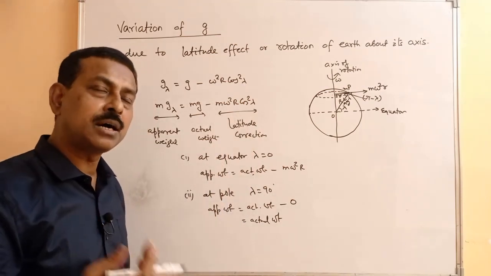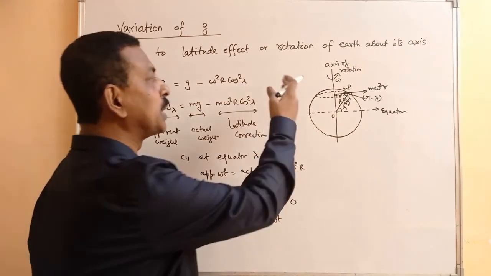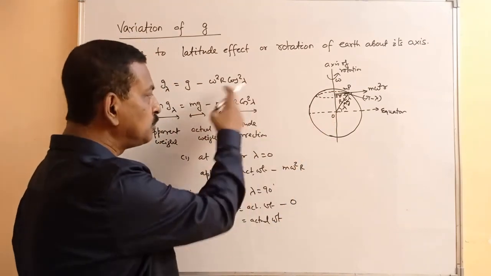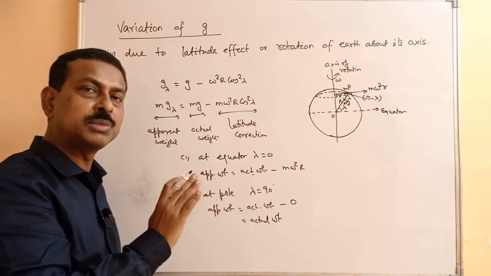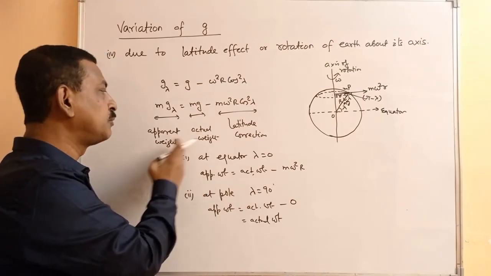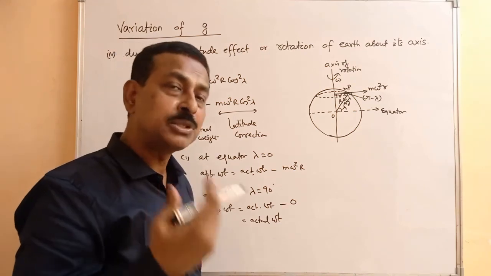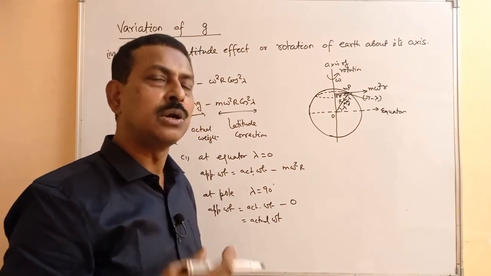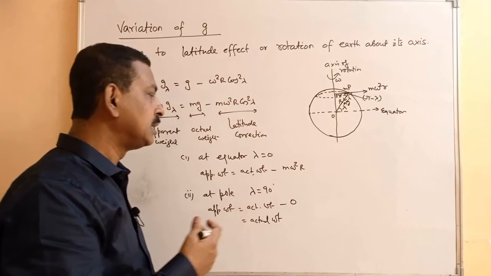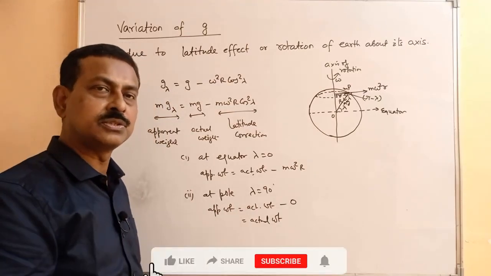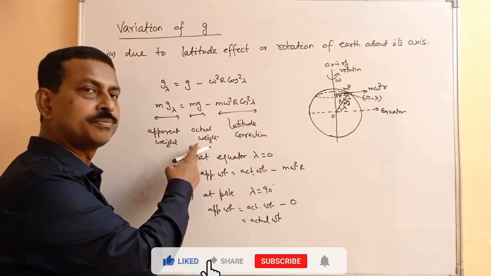So if it is said that Earth stops rotating, it means omega is 0, so Earth will stop rotating about its axis. So the quantity which we are subtracting will not be there. So apparent weight will become actual weight. Normally we tend to say that weight of all bodies on the surface of Earth will increase, because earlier it was less.